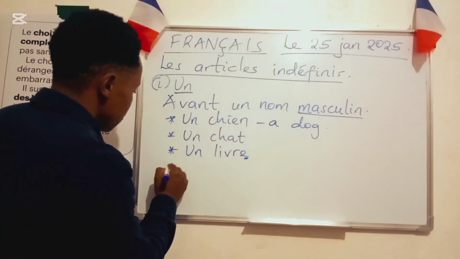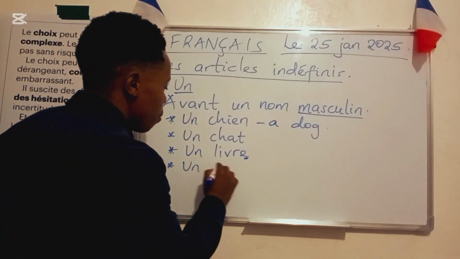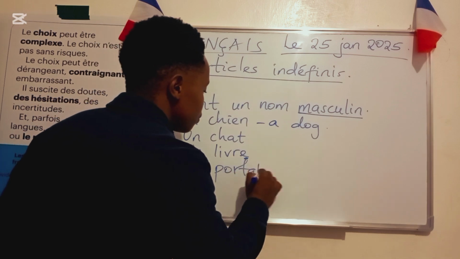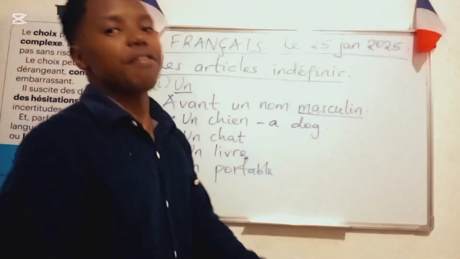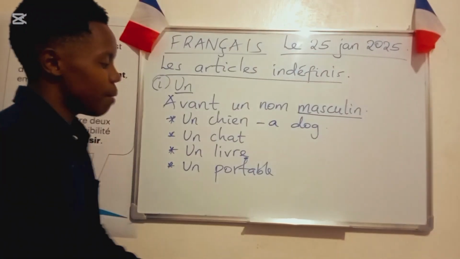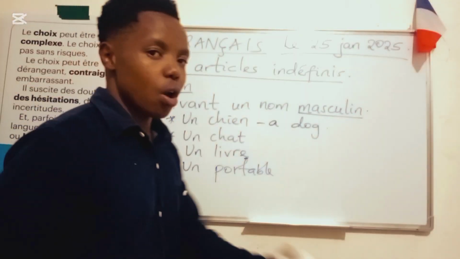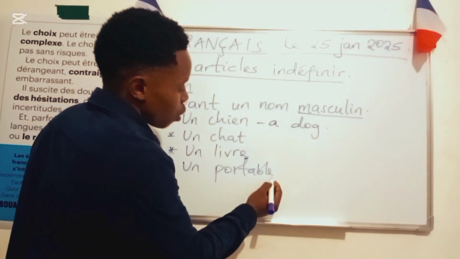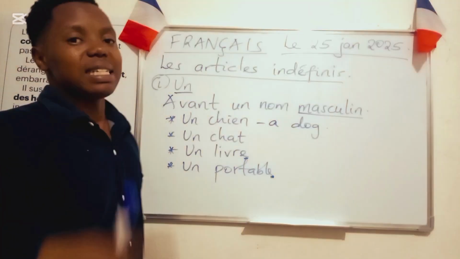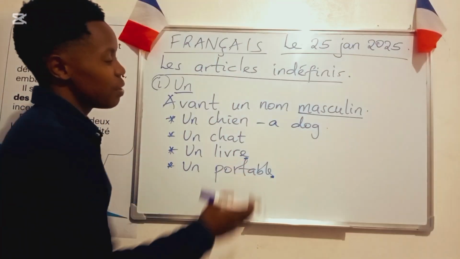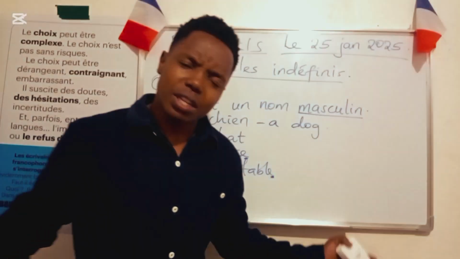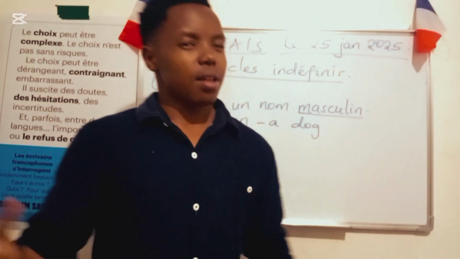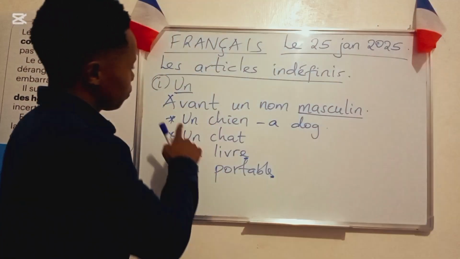Another word can also be un portable. Well, we do say un téléphone portable, but most of the time when we are talking orally, we'll just say un portable. So, un portable, a phone. It also ends with an E, but it is still masculine. These are some of the exceptions that we have. Of course, we do say wherever we have rules, there are exceptions.